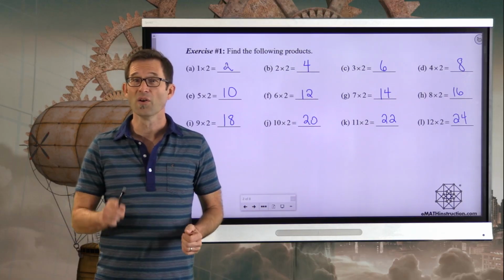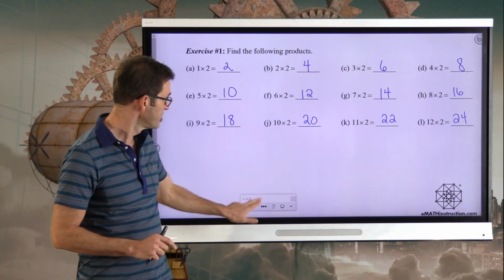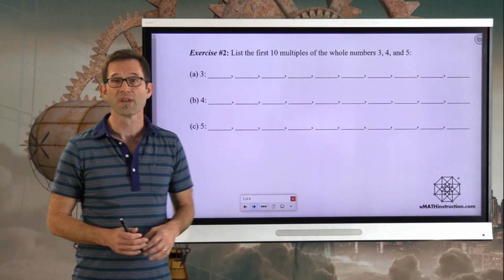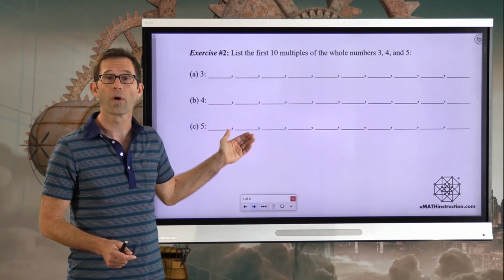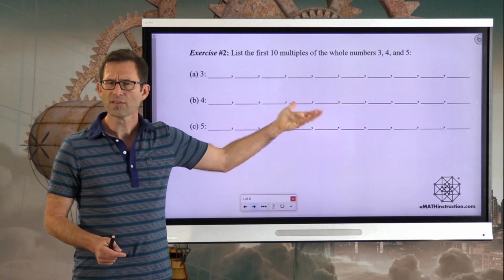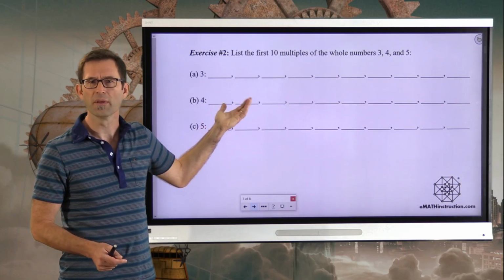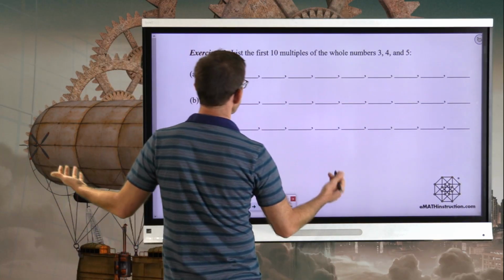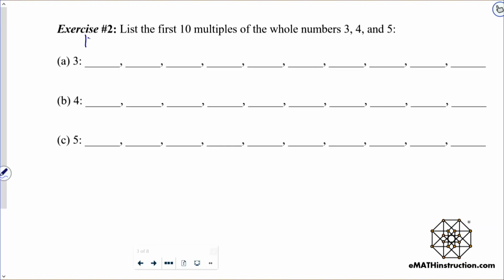So let's take a little bit more of a look at multiples. Let's figure out the first 10 multiples of the numbers 3, 4, and 5. Let's talk about just the number 3 to begin together. The first 10 multiples of 3: if you have 1 three, you have 3. If you have 2 threes, you have 6.